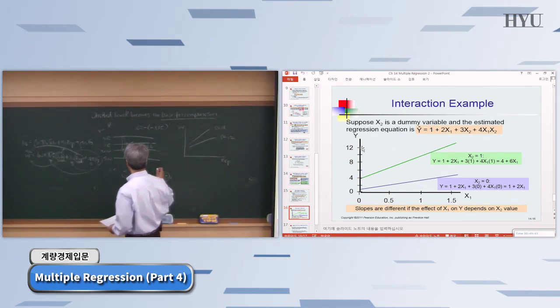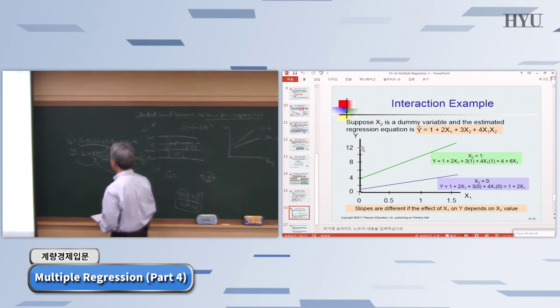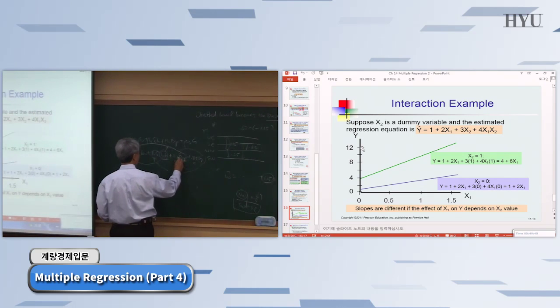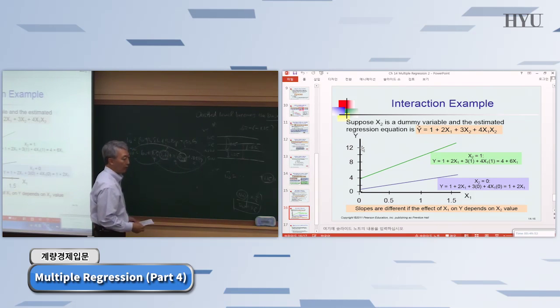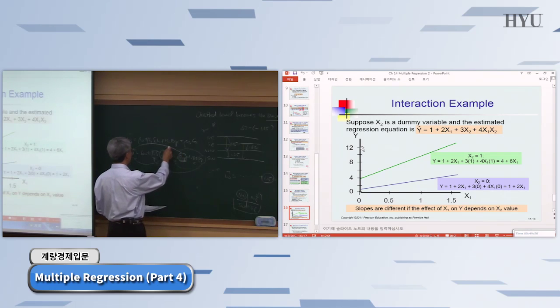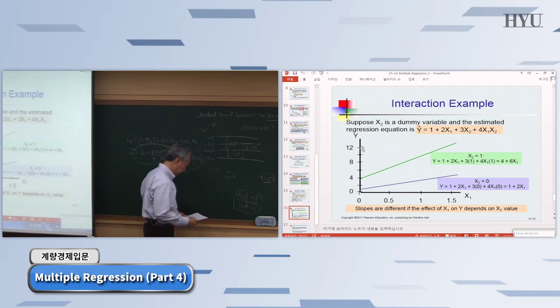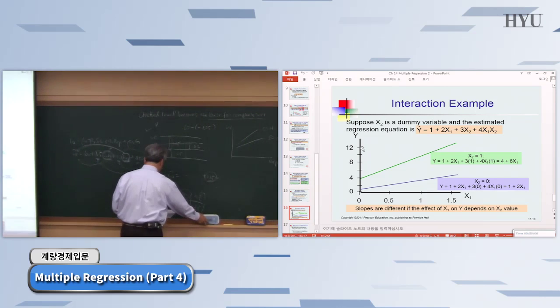Suppose x1 is experience, x2 is schooling. So we want to see the effect of experience on wage, but we suspect the interaction effect between schooling and experience.